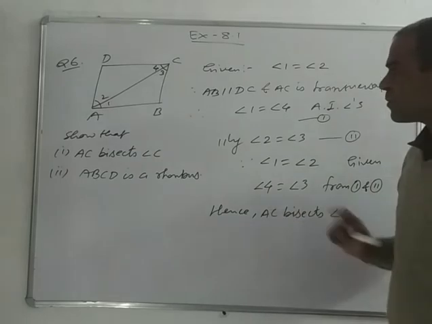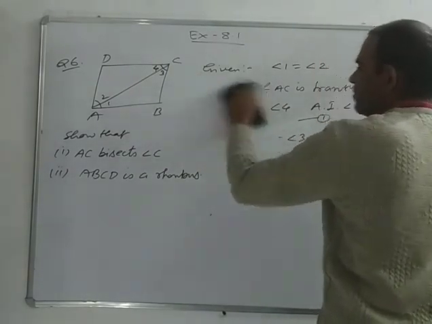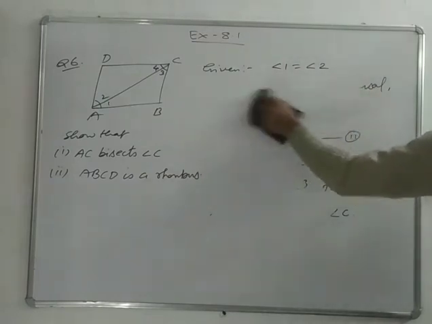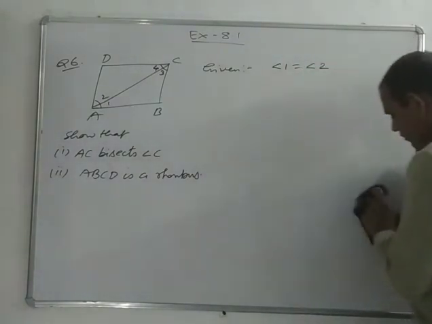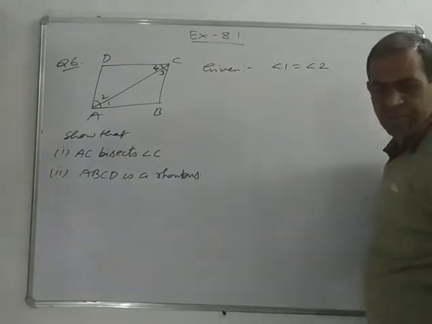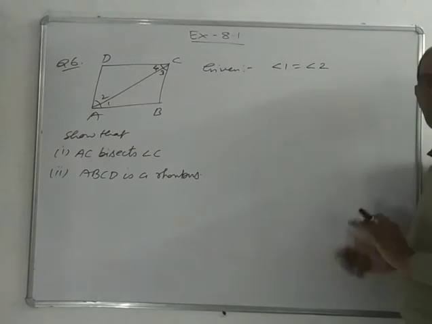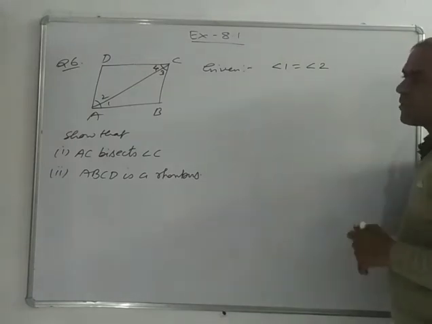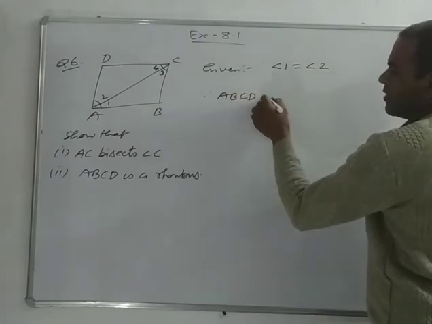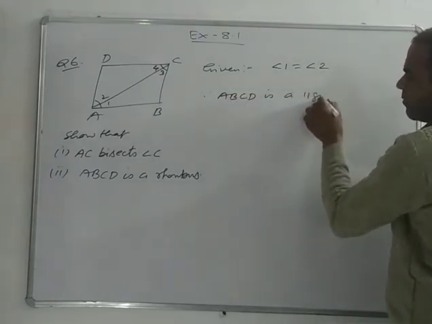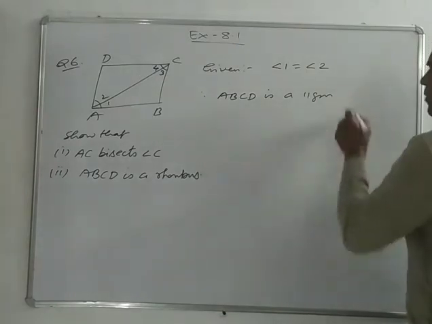Next one, that is the first part. Second part is ABCD is a rhombus. So for proving the rhombus, we should prove all sides are equal. So first of all, since ABCD is a parallelogram, opposite sides are parallel and equal.